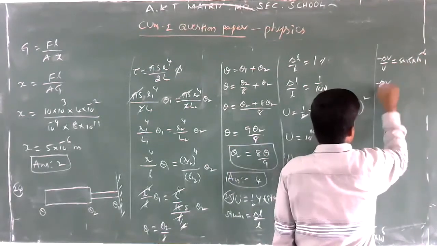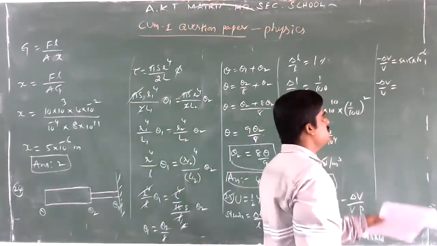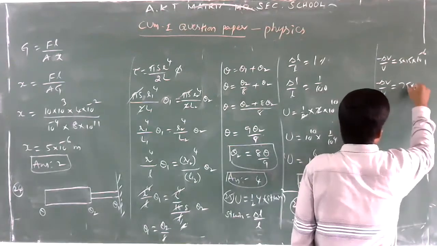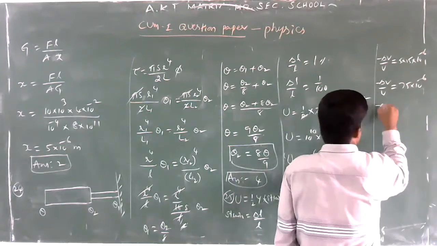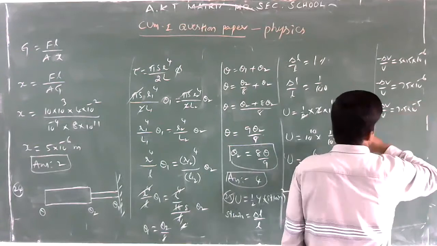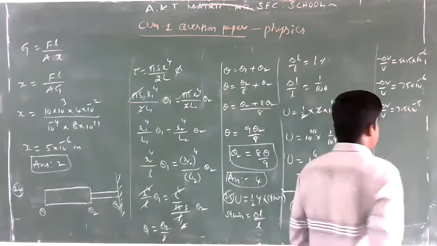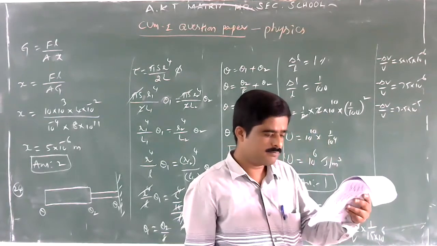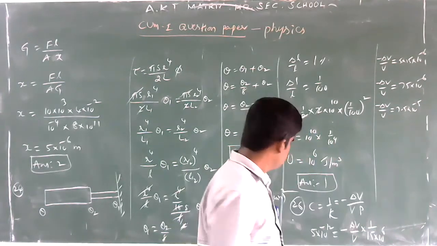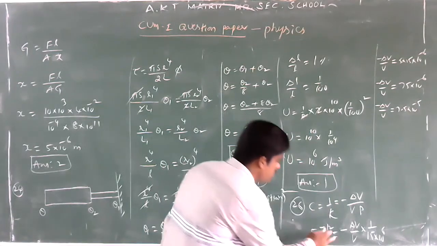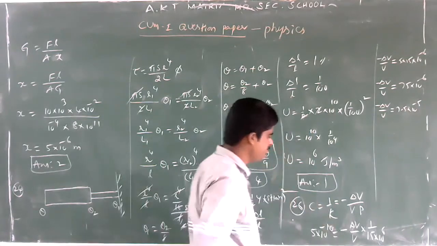Simplifying this, minus delta V by V is equal to 75 into 10 to the power of minus 6, or 7.5 into 10 to the power of minus 5. Here the compressibility of water is not minus 12, it is minus 10 only.